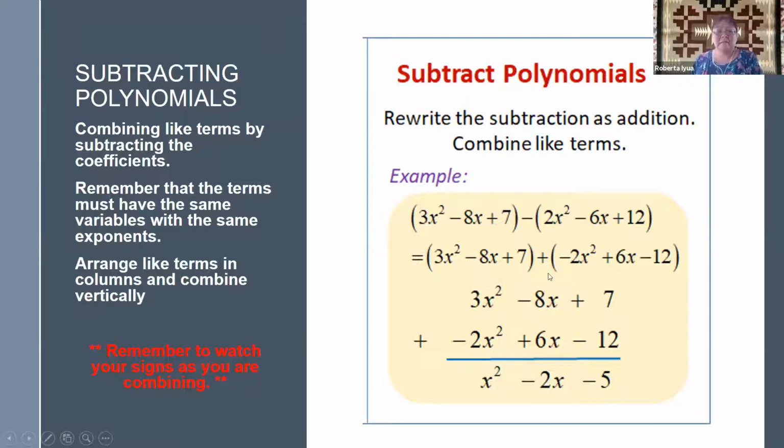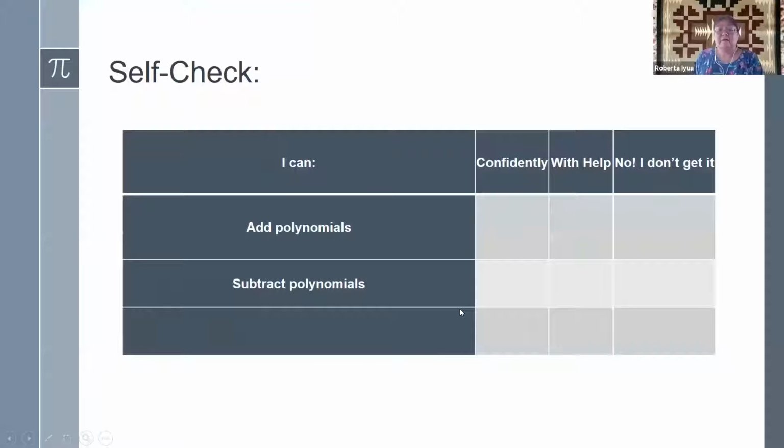In this slide here, it's what I called a self-check. It is throughout each section of my presentation. It is just to help you know whether you can answer the questions. I can add polynomials. Can you do it confidently, with no help, right off?